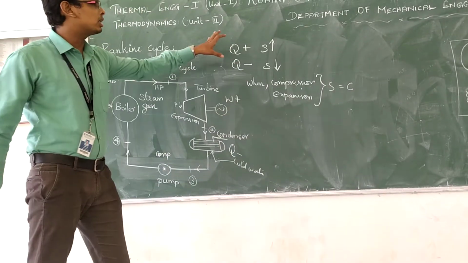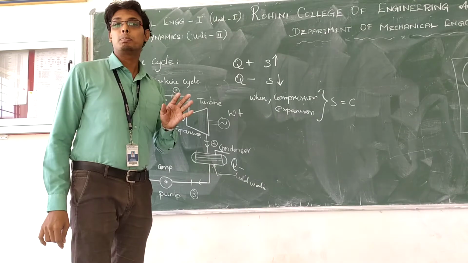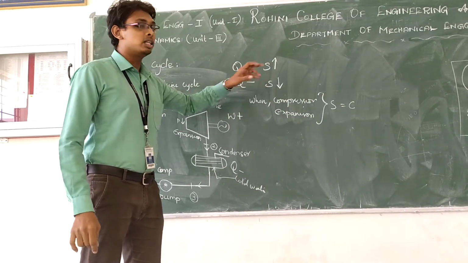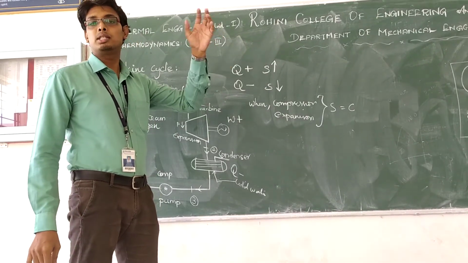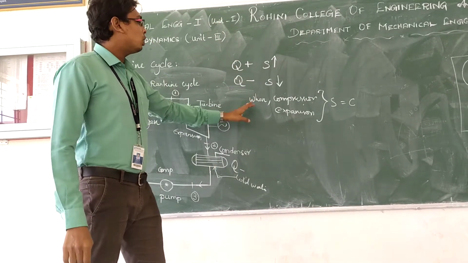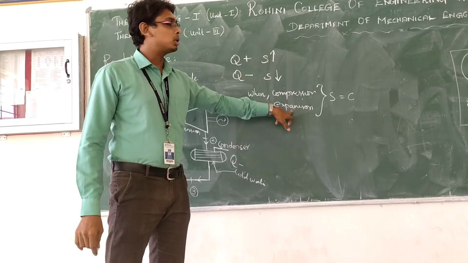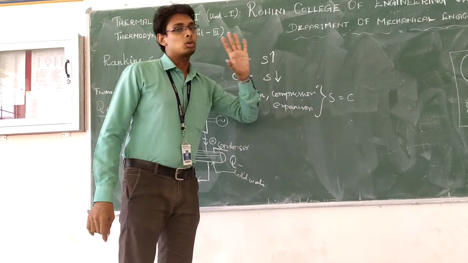So these are the basic terms we have to remember. When heat is added, the entropy of the system increases, and when we are rejecting heat, the entropy goes down. And during adiabatic expansion and adiabatic compression, S is equal to constant.